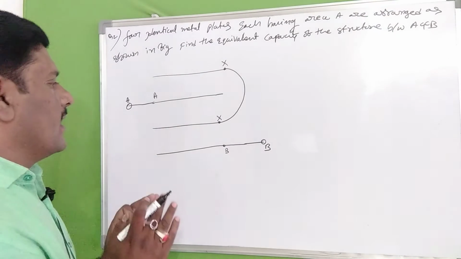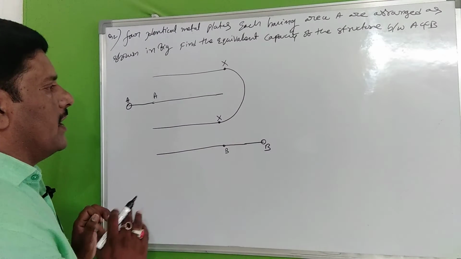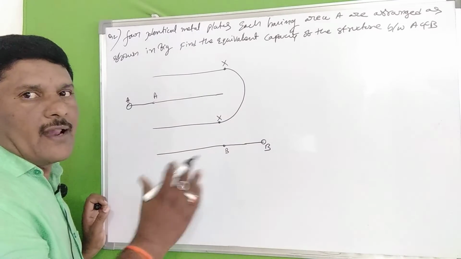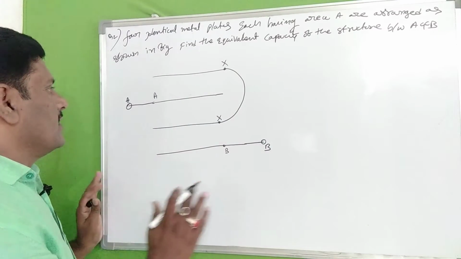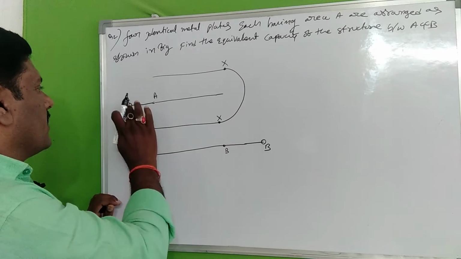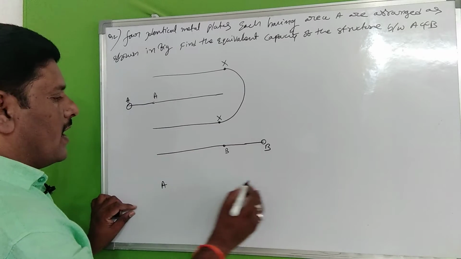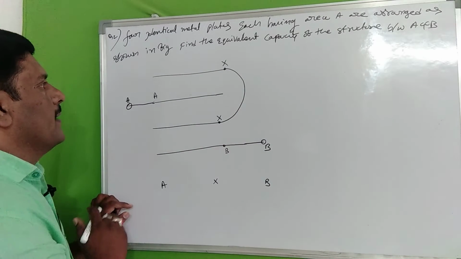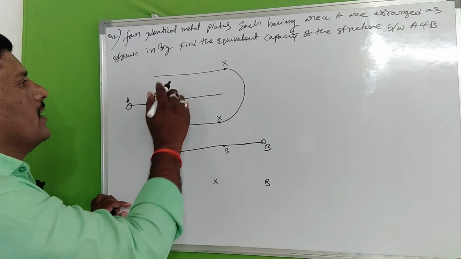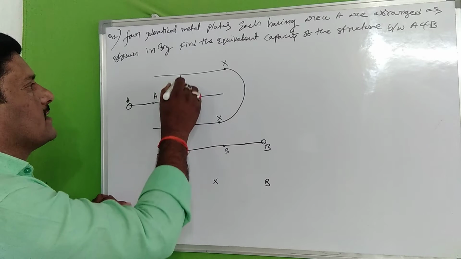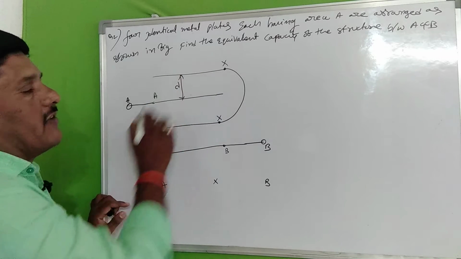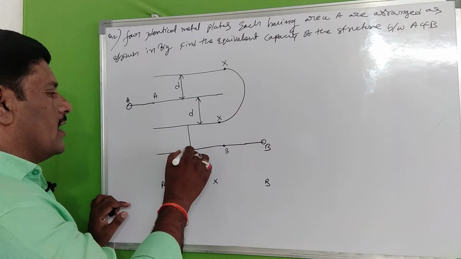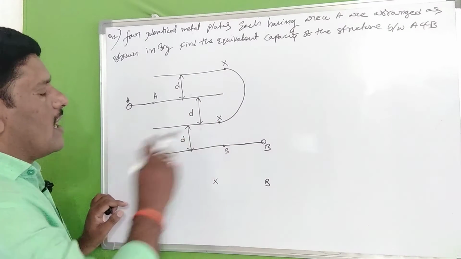Now we simplify as in the following diagram, drawing the parallel design between A and B. Take the points A and B, and another point X. According to the statement, the distance between plates is d, this one is also d, and finally the distance between the two capacitors is also d.